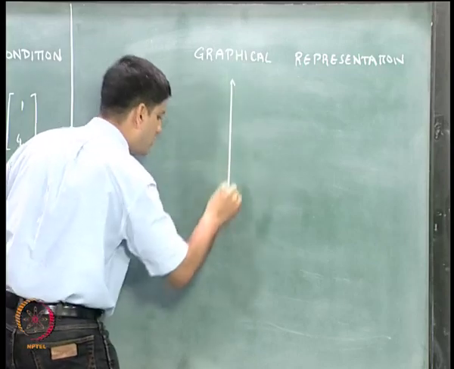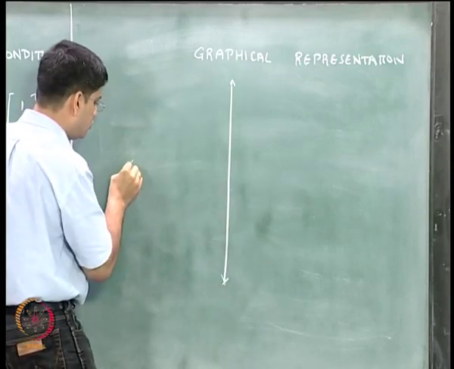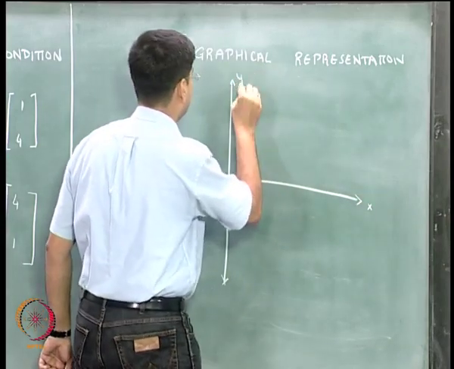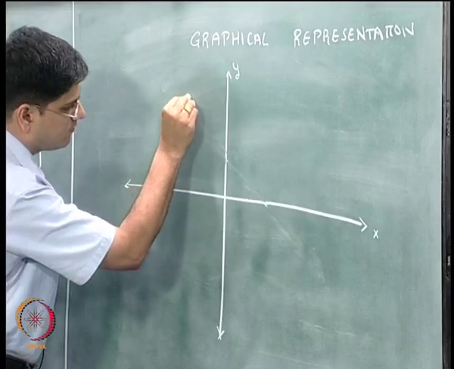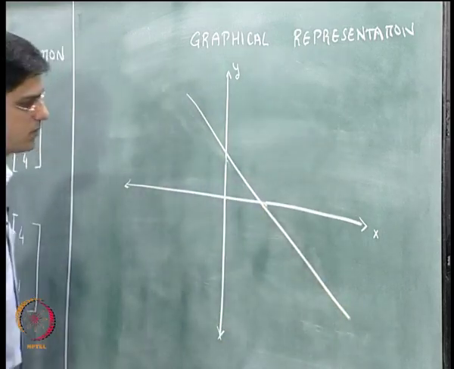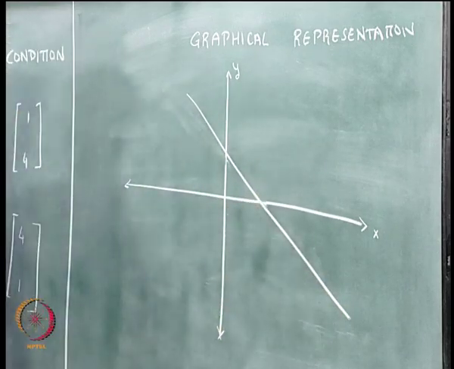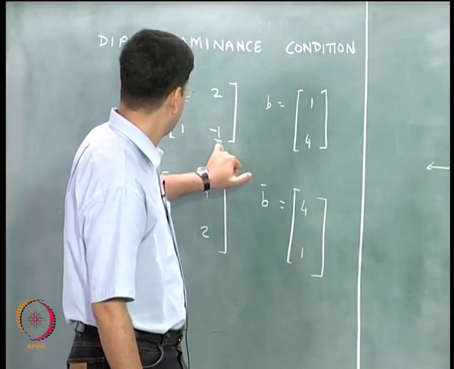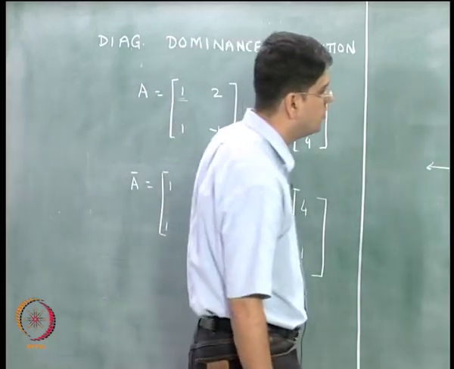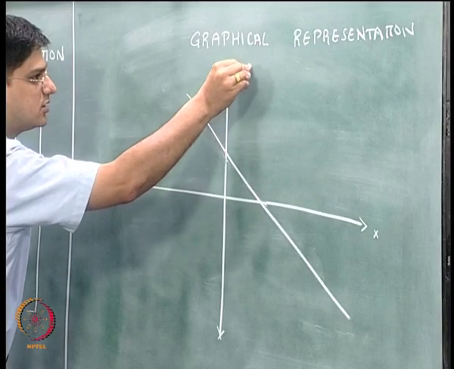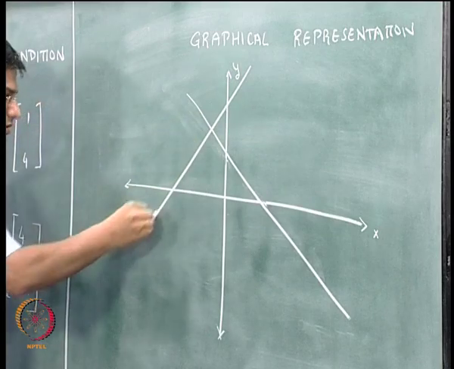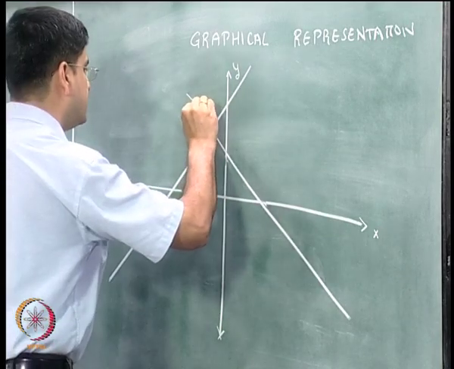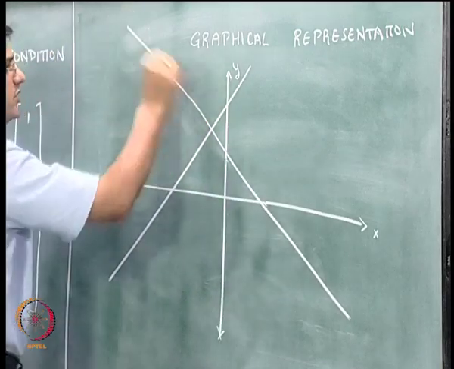Okay. So we will draw our two axes, x and y. Okay, and the other line is x minus y equal to 4. So that particular curve is perhaps going to be represented in this form, and we will just extend it beyond.